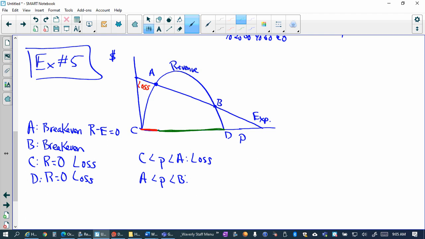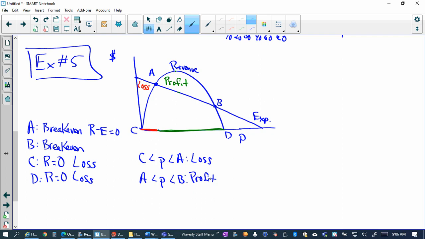So all of this would be profit. Whatever your revenue is here, subtract this expense, and that difference is the profit, right? So if it's between A and B, we have profit. Now it varies in there, right? You might have a little profit or a lot of profit, right? But you do have a profit.